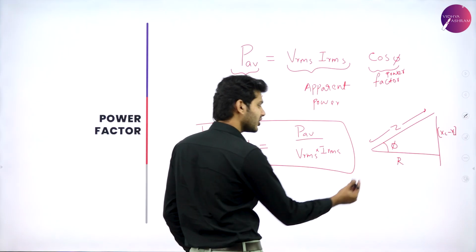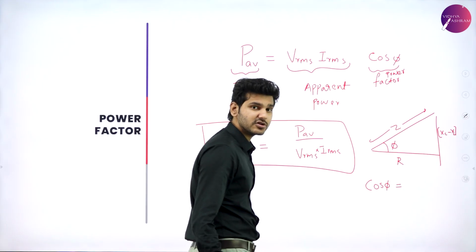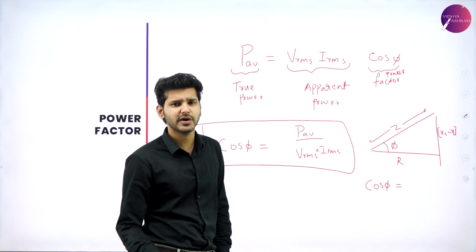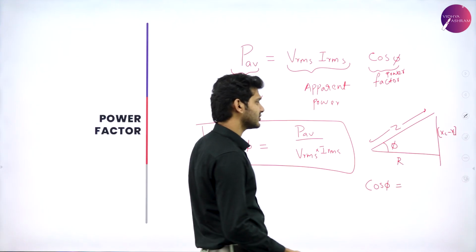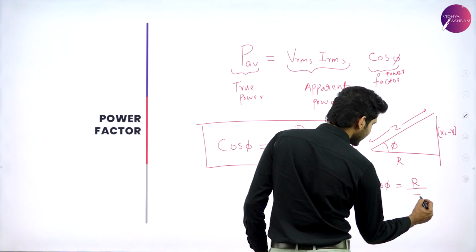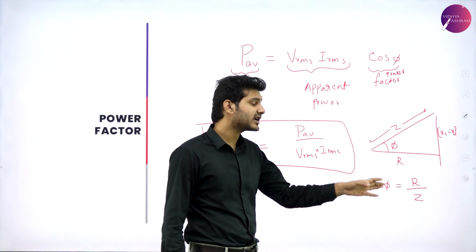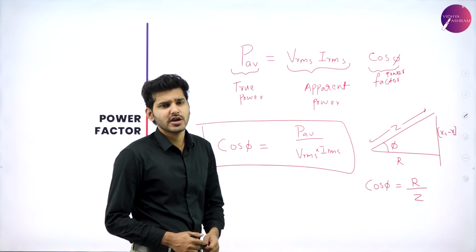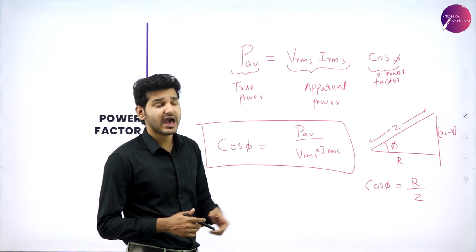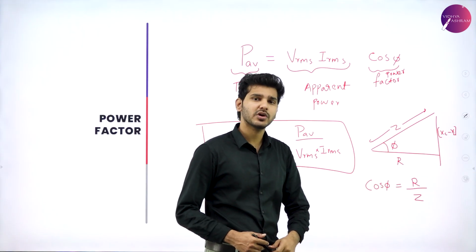You know that cos theta is equal to adjacent side by hypotenuse. So simply you can write it down as adjacent side, that is R, divided by Z. You can find it using cos phi is equal to R divided by Z. So simply you can have the angle. If you know this relation, then you can also find out what this is.